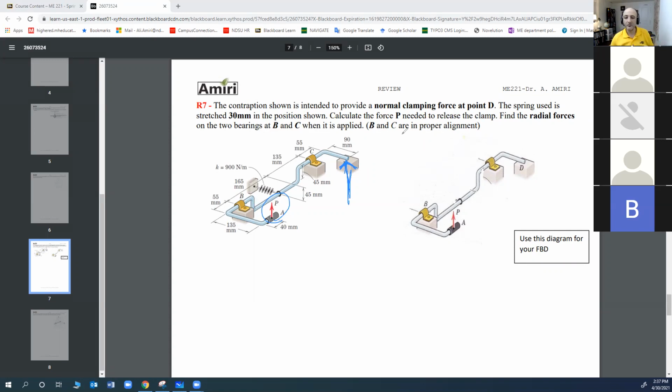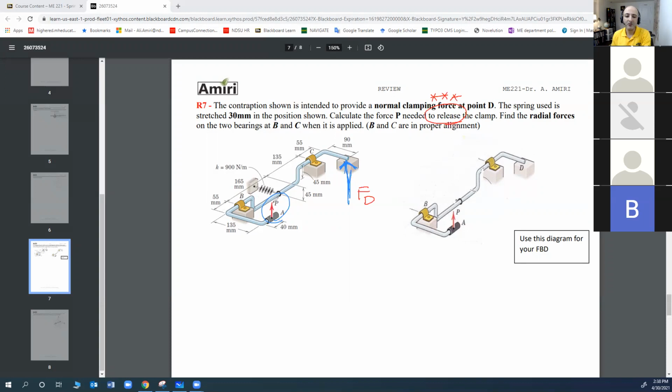All right. So before we start solving and drawing a free body diagram and stuff, let's figure some stuff out. First of all, let's focus on what it means to calculate the force P needed to release the clamp. This is a super important word for us. What does that mean? Right now, this spring is stretched, right? So there's a clamping normal force here. We can call it FD or ND.